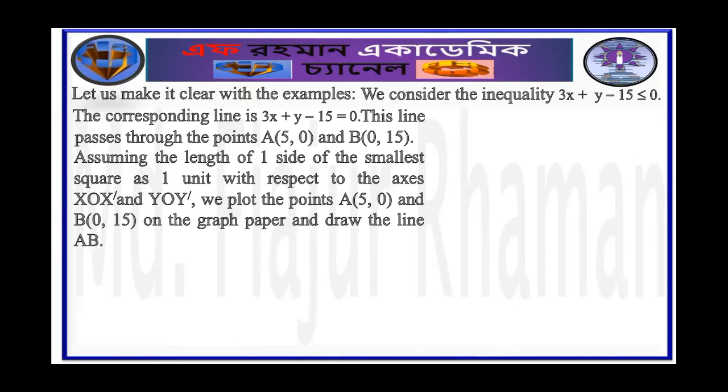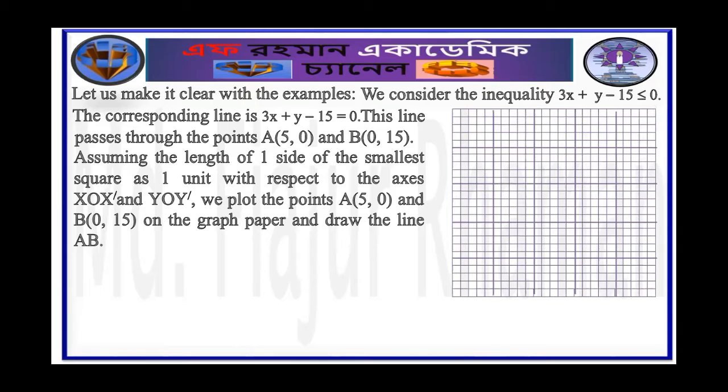Assuming the length of one side of the smallest square as 1 unit with respect to the axis x or x prime and y or y prime, we plot the points A(5, 0) and B(0, 15) on the graph and draw the line AB.